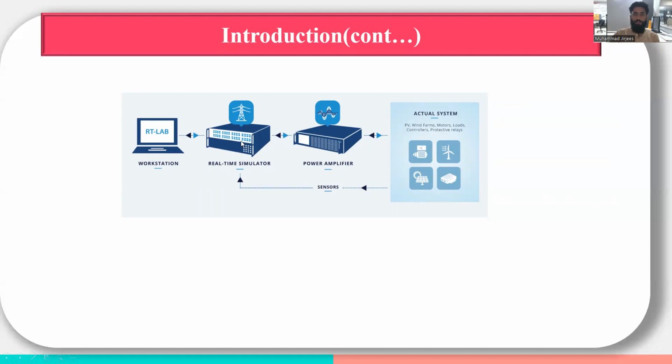It uses different software; especially we use MATLAB, Simulink, or LabVIEW. And then the output is amplified in order to match the real system requirements, especially the devices under test. And then the sensors are used to feed the responses back to the real-time simulator.